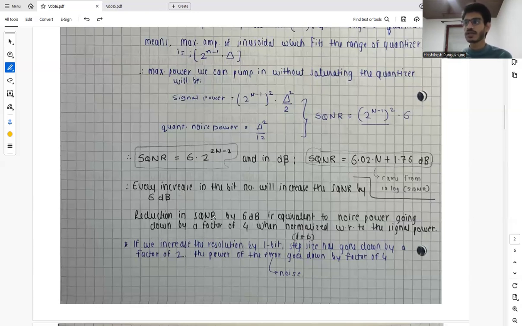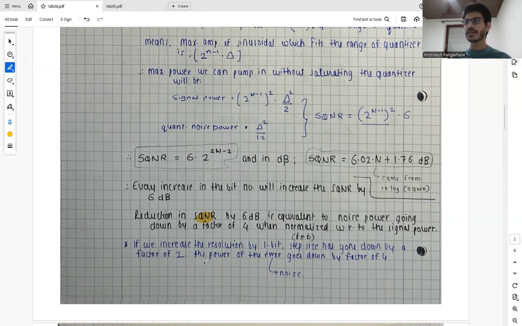SQNR is basically signal power by noise power. So we say that the change in SQNR by 6 dB is equivalent to the noise power going down by a factor of 4 when normalized with respect to the signal power.